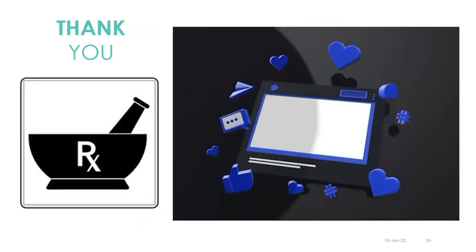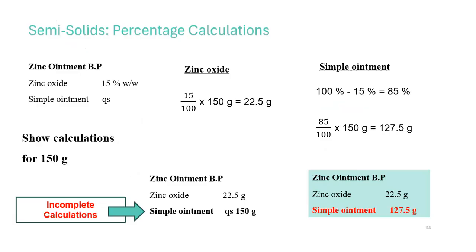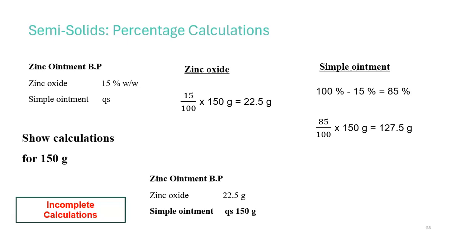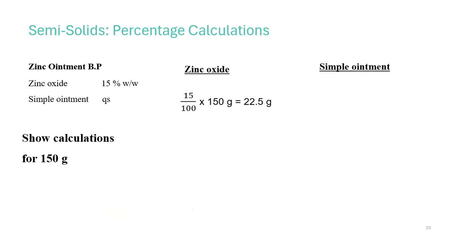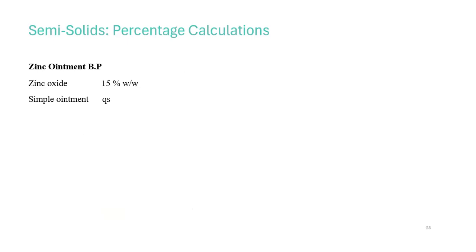With that said, it brings me to the end of this recording in the playlist series talking about calculations for semi-solid preparation. And just to recap, in this video, we spoke about percentage calculation. What does percent mean? Out of 100.